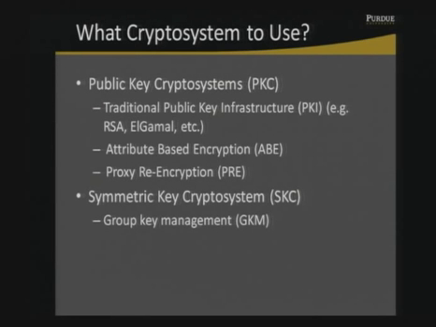In the coming slides, I'll explain the 3 most popular public key cryptography systems, point out their limitations, and argue why they are not suitable for the scenarios that we are discussing. And we make the case that symmetric key cryptography systems provide a better solution. And if you were present here 2 weeks ago, they presented a system based on public key cryptography. I'll lightly touch on that one as well.